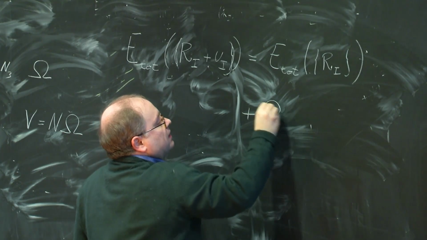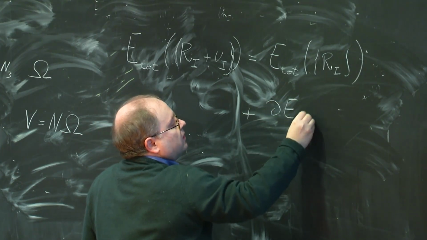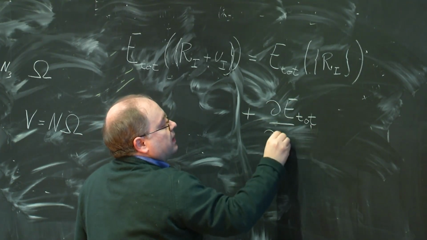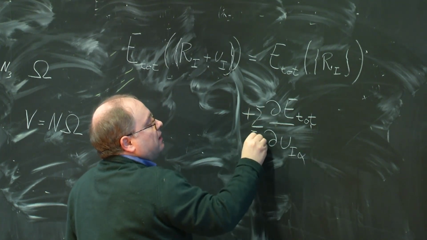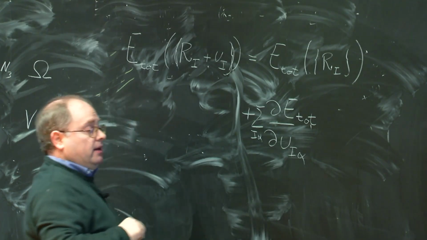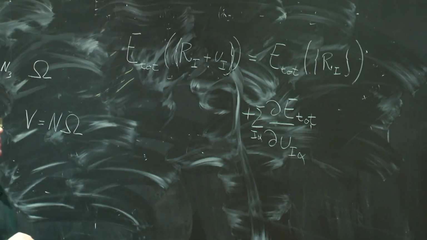Then we have the first derivative of the total energy with respect to U, I and alpha. We should sum over I and alpha, where alpha is the x, y, and z coordinate.